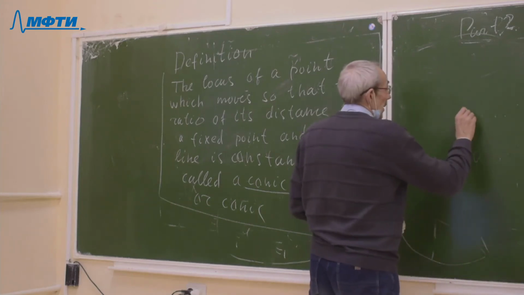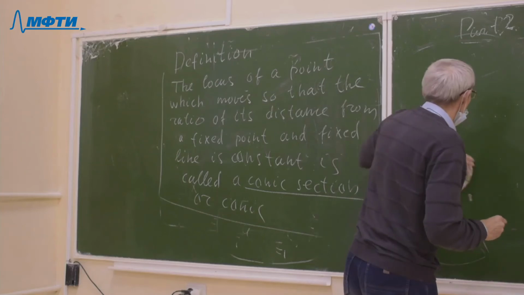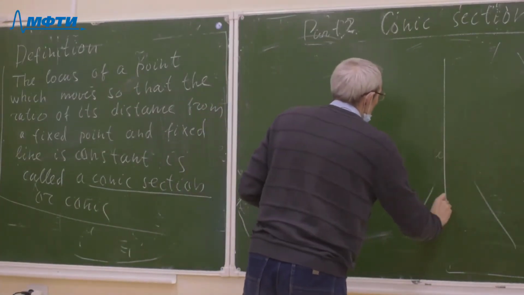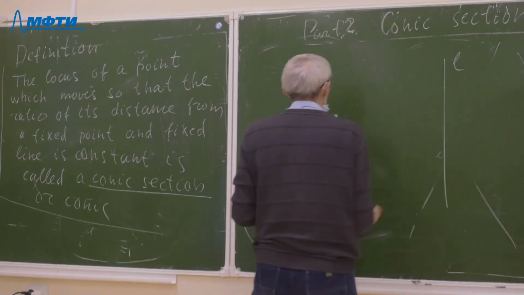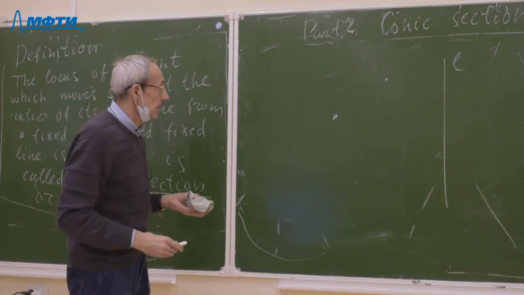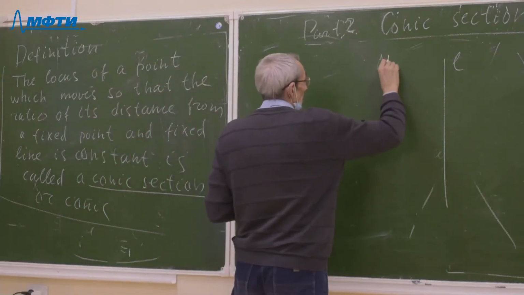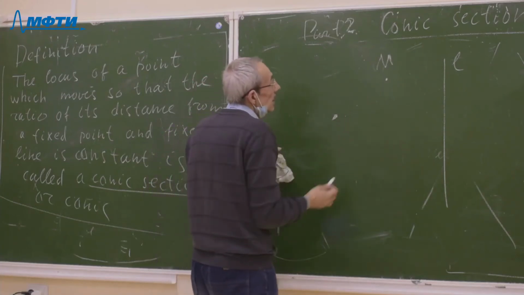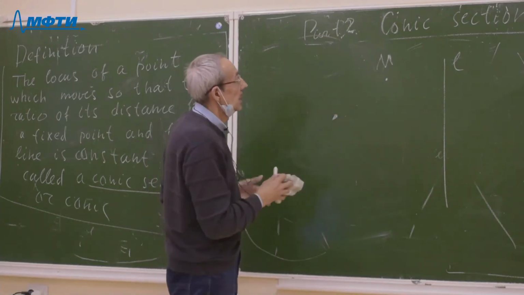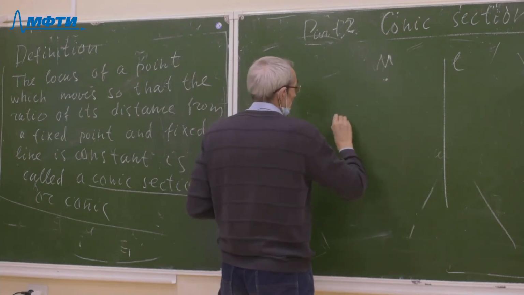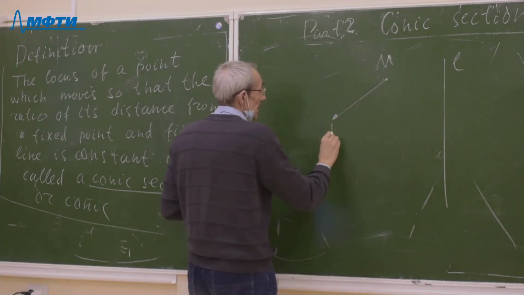We have some point and some straight line A. And let's consider the locus of the following point. Point P is some point which moves in the following way.